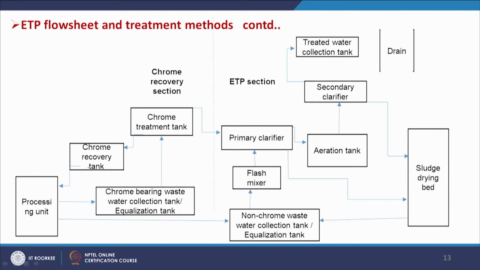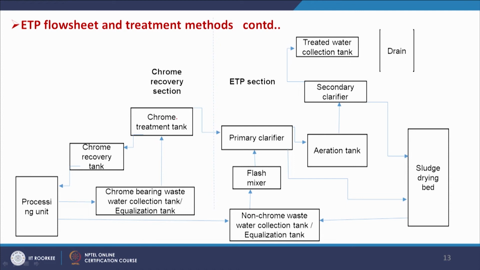In the chromium recovery tank, on the basis of need, sulfuric acid addition can take place, and then that will be sent for processing in the chrome tanning step. So, this is one way of chromium recovery.